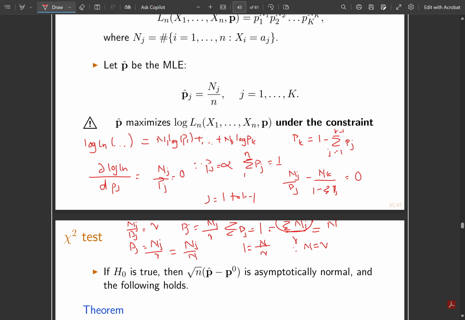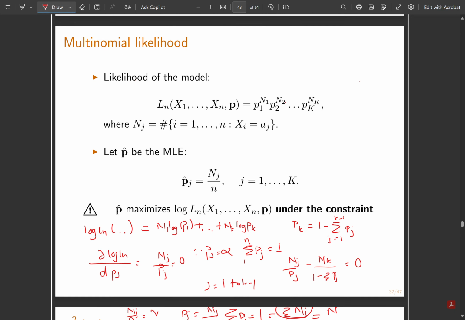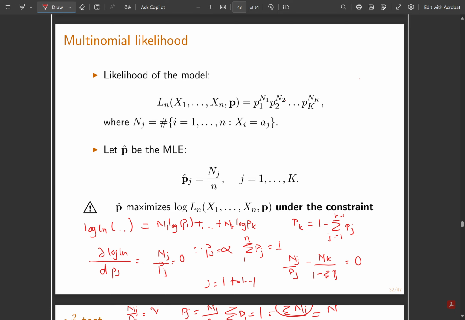Now let me quickly summarize what we learned today. We learned about multinomial likelihood. We started with a likelihood model for x1 through xn, a variable with probability for each of those. We looked at the natural log likelihood on top of that, and we found that it was not working for us, because if you took the derivative of that against pj, then pj came out to be infinity.